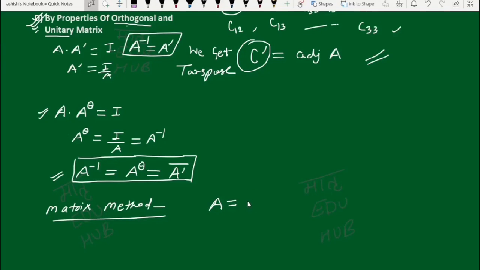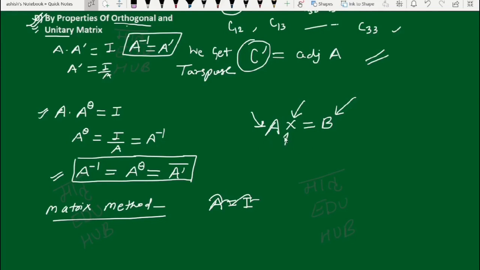We take AX equals B. A is the given matrix, X are the variables and B are the values of the equations.